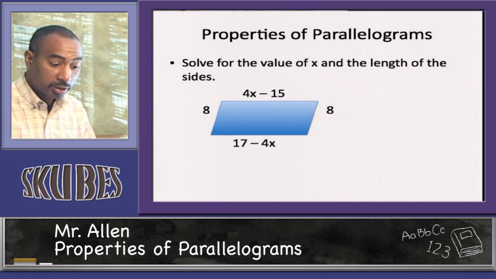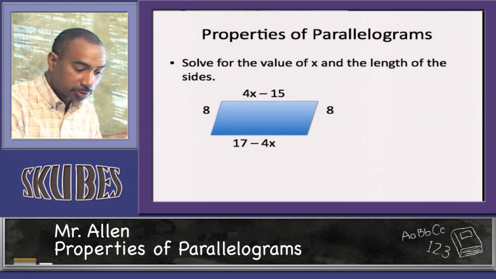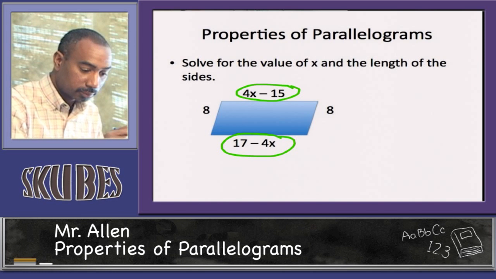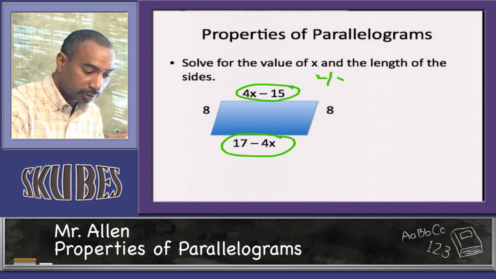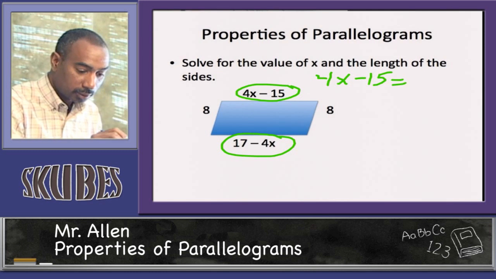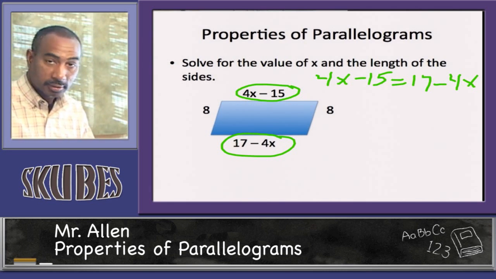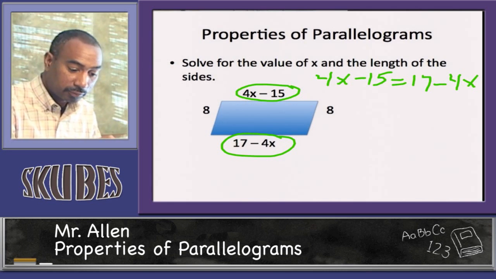All right, solve for the value of x and the length of the sides. Again, we have a parallelogram. I can set these two expressions equal to each other. So I get 4x minus 15 equals 17 minus 4x. In solving this, you can add 4x to both sides.